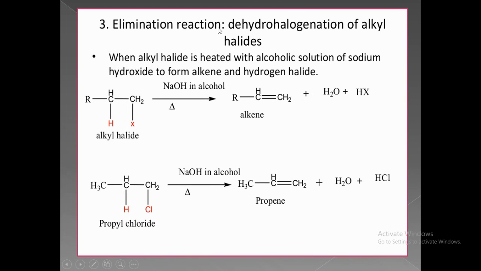Elimination reaction, also called dehydrohalogenation of alkyl halides. In this case RCH2CH2X is the alkyl halide. Now, in the presence of NaOH and alcohol, just like the previous reaction, but in this case the name of the reaction is elimination reaction or dehydrohalogenation.